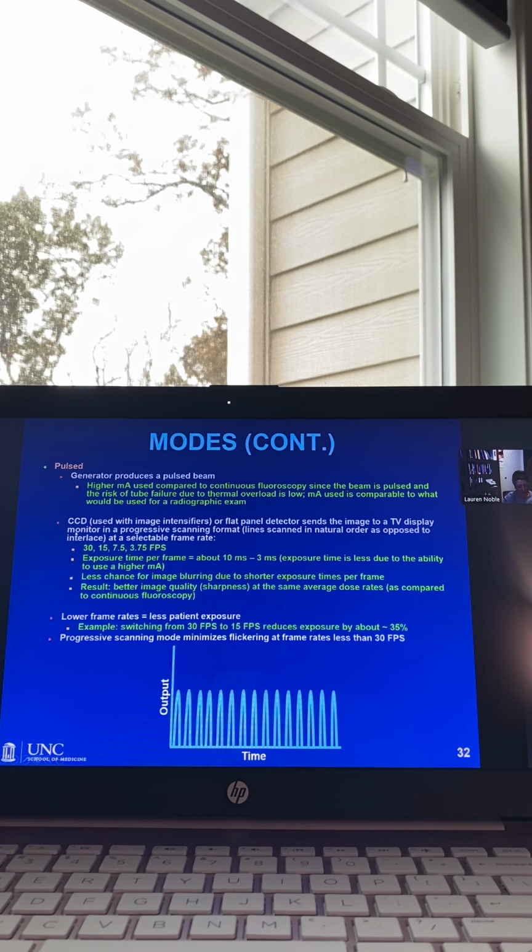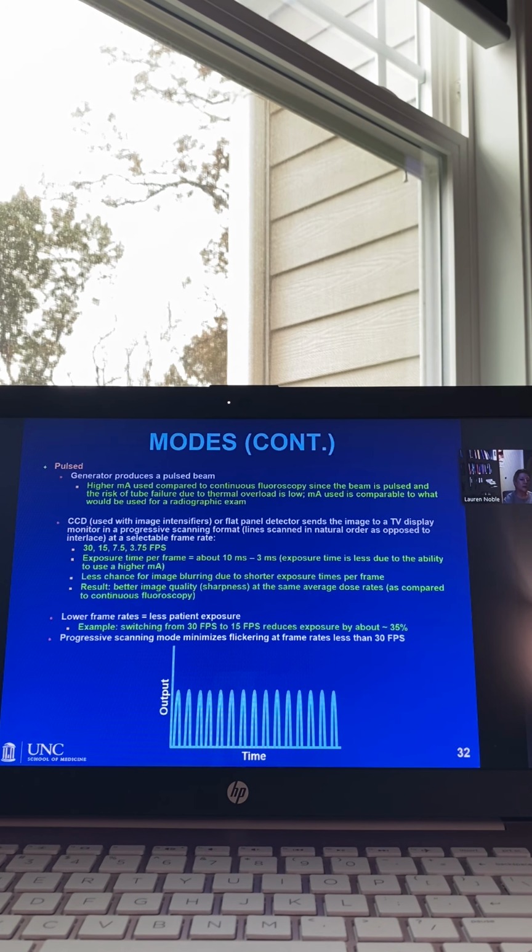So what you need to understand about this particular type of unit is that with a pulsed unit, even though the operator of that unit has the exposure button on continuously, we don't get continuous x-rays coming out of the tube. We have little breaks in that exposure time, which gives the patient a break in terms of exposure because there's some downtime.